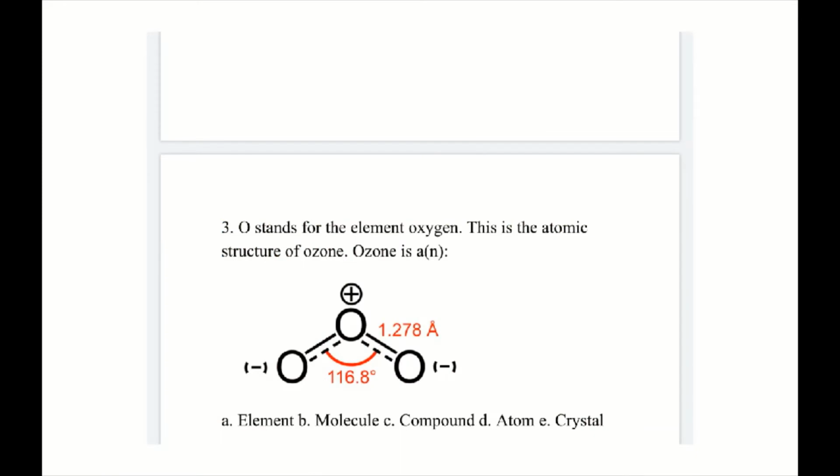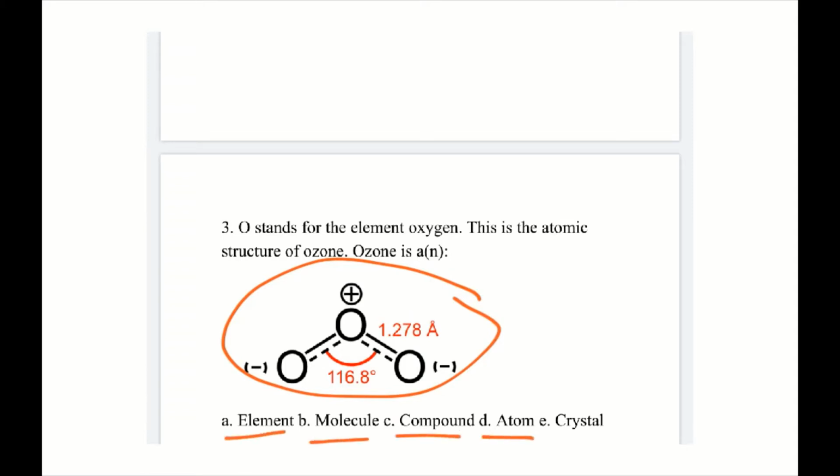Number 3, O stands for the element oxygen. This is the atomic structure for ozone, which is, I'm presuming, a molecule. Ozone is an element, molecule, compound, atom, or crystal. So we have to figure this out.